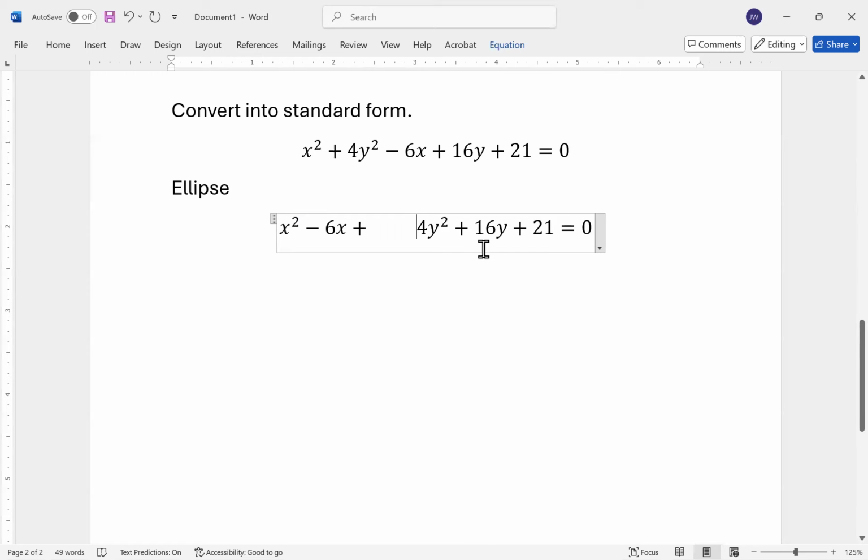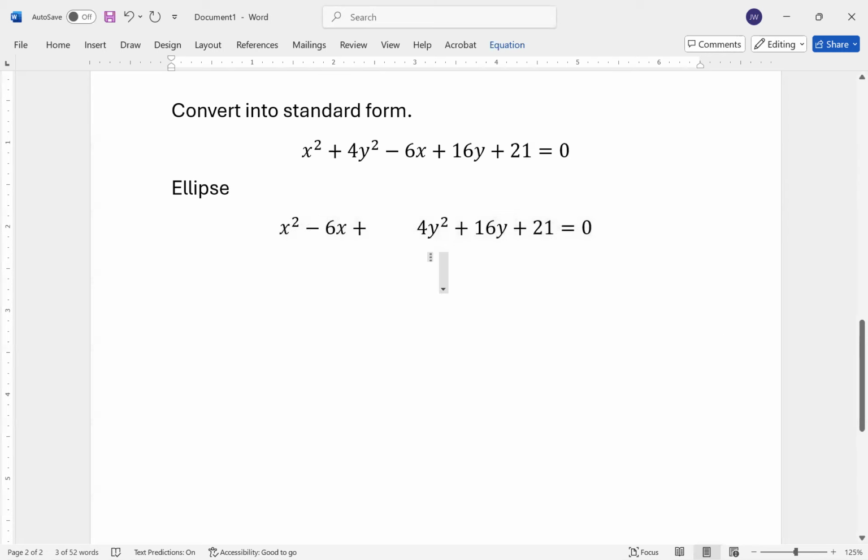You could subtract each of those three terms and put them on the right-hand side as well, but it's unnecessary in this case. Then I would complete the square. I can do that in this case because the coefficient of x squared is a 1.